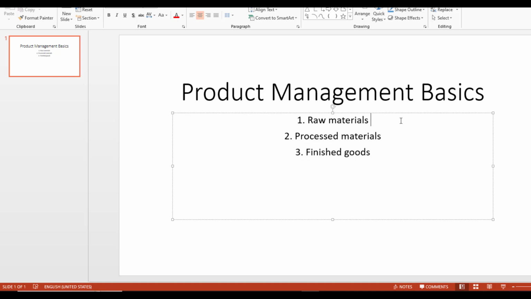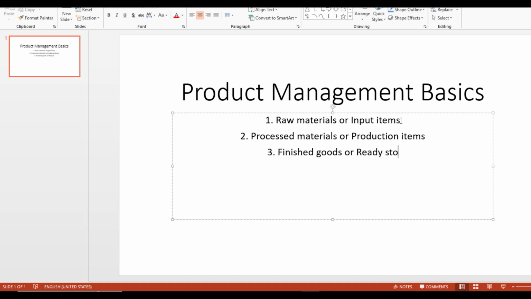We can also call raw materials input items. We can call processed materials maybe production items, and then we can call finished goods ready stock. This is just for clarity.